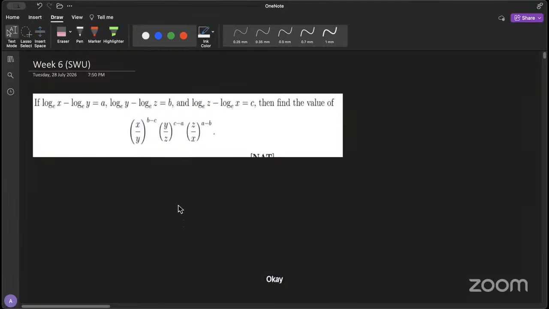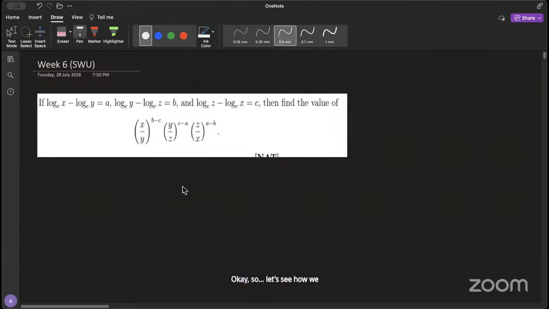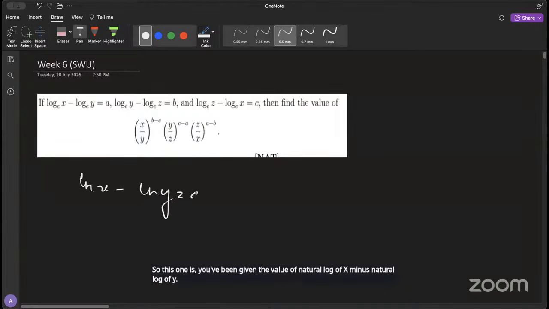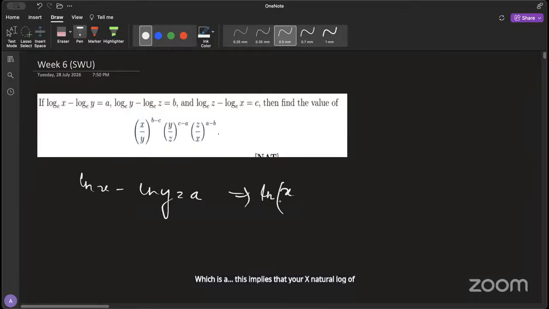Okay, so let's see how we solve this question. You've been given the value of natural log of x minus natural log of y, which is a. This implies that natural log of x by y should be equal to a.